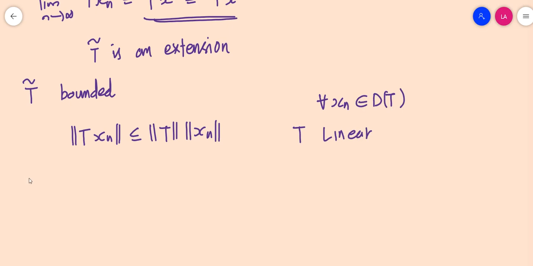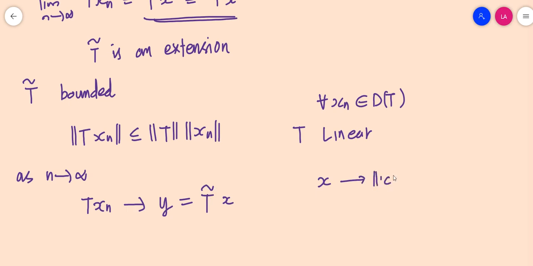Now taking n tends to infinity, T of xn tends to y, which is termed as T tilde of x. And also the norm defines a continuous map. We have already defined a continuous map, which means that T of xn converges to y implies norm T of xn converges to norm y.